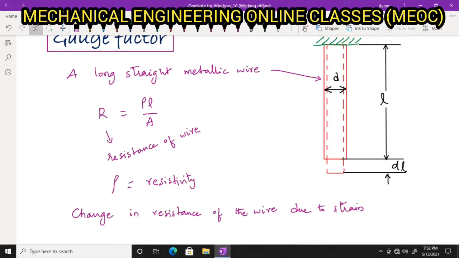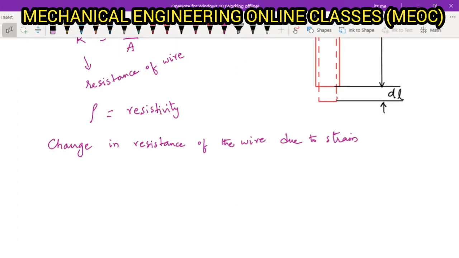So the elongation is dl. Coming back to the change in resistance, let me assume that change in resistance is delta R. Now delta R is due to the change in rho value, change in L value and change in A value.